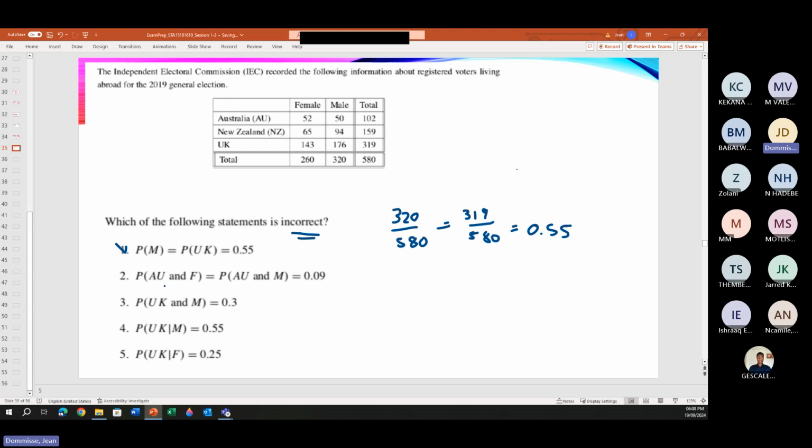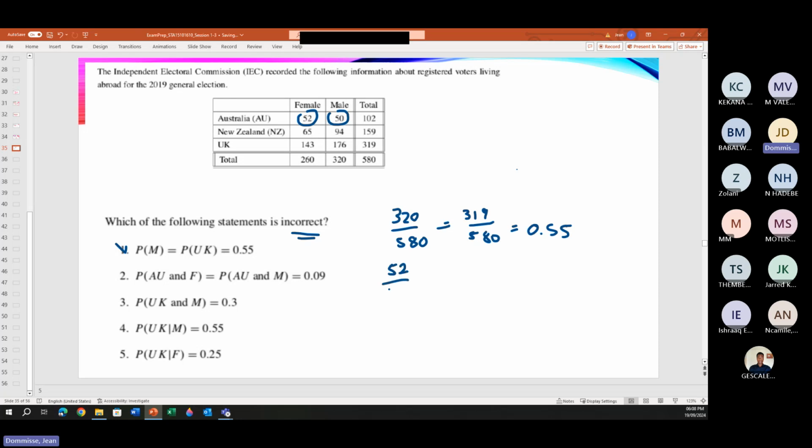Probability of AU and female, and probability of AU and male. Okay, again, very close to one another with numbers.